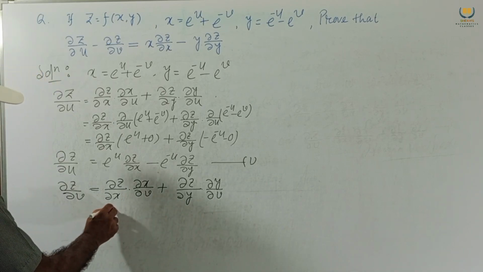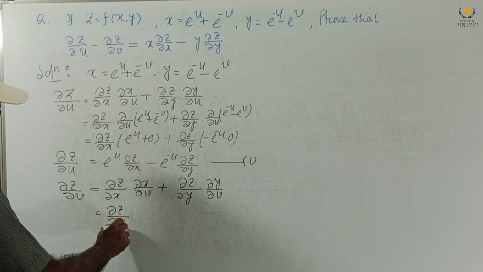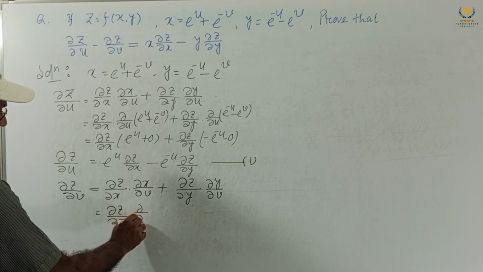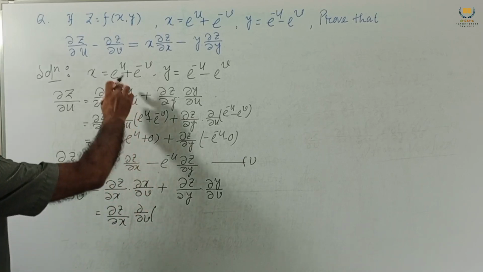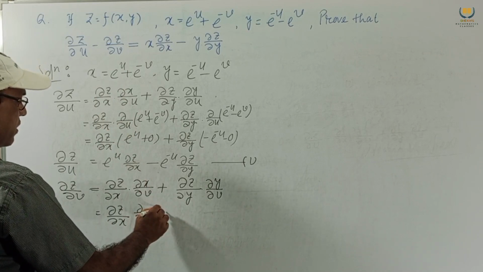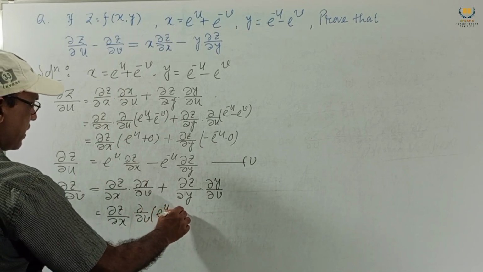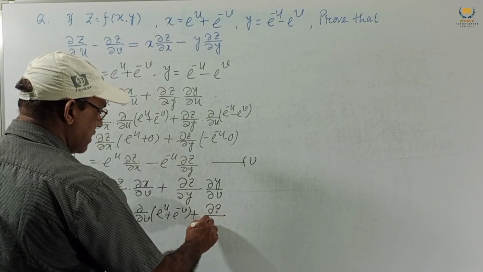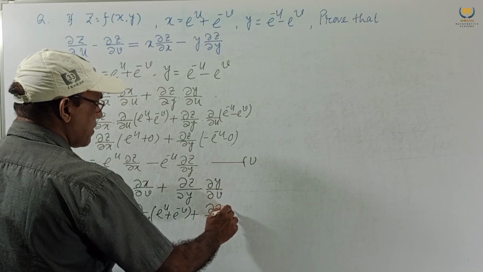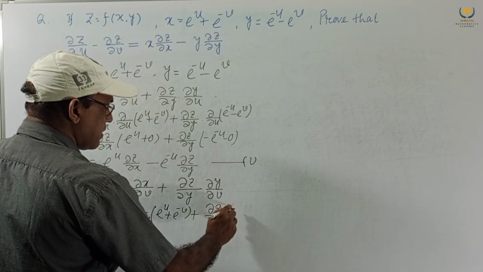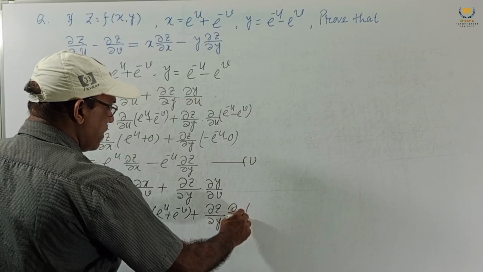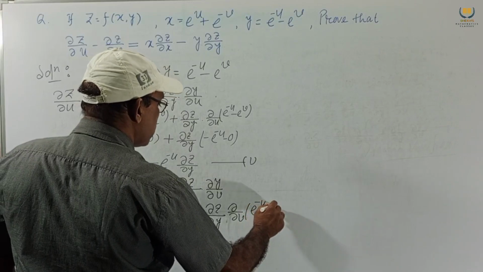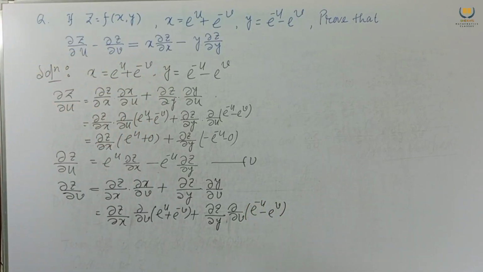Now again putting the value, del z del x remains same, del x del v, this value e to the power u plus e to the power minus v, plus del z del y, this is del y del v, means e to the power minus u minus e to the power v, we get this one.